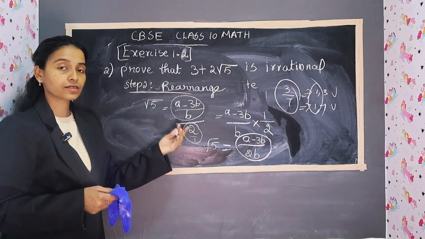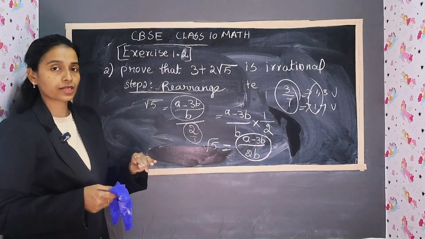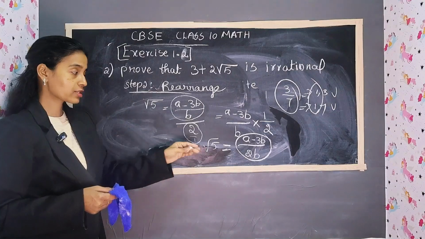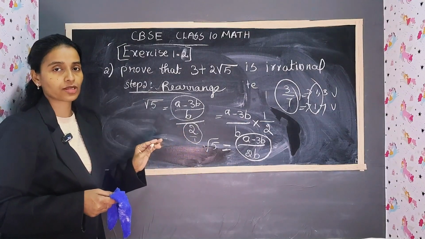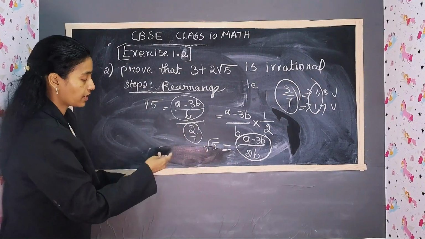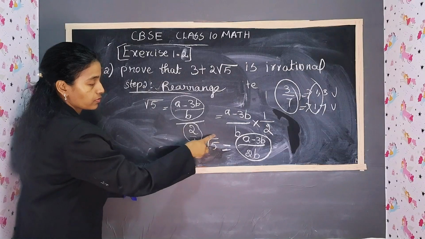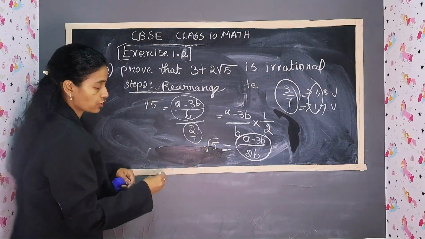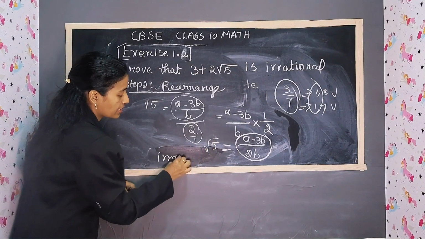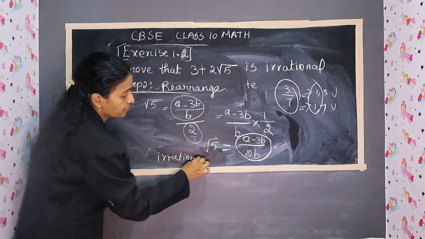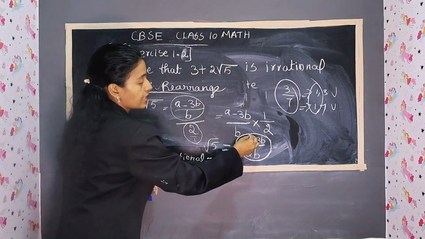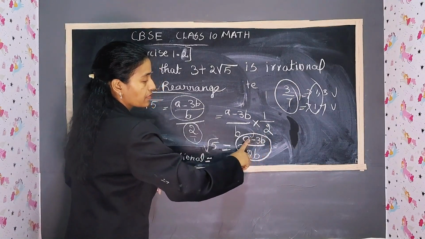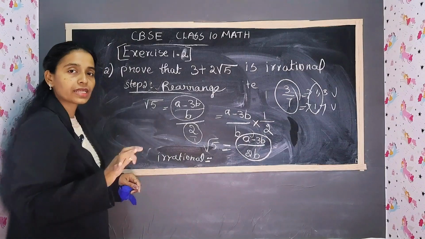I mean, whether it is rational or irrational. Automatically, square root of 5 is irrational only. So I can write, what number is this? Rational or irrational? Irrational, equal to this, where A and B could be any integers.